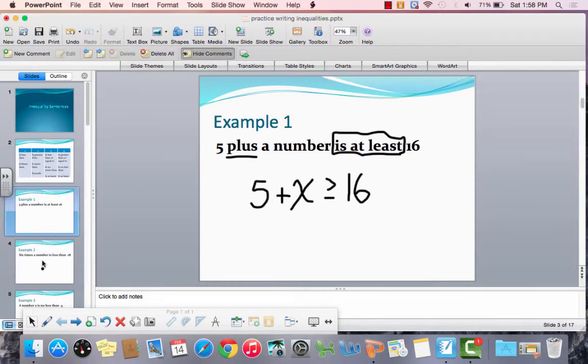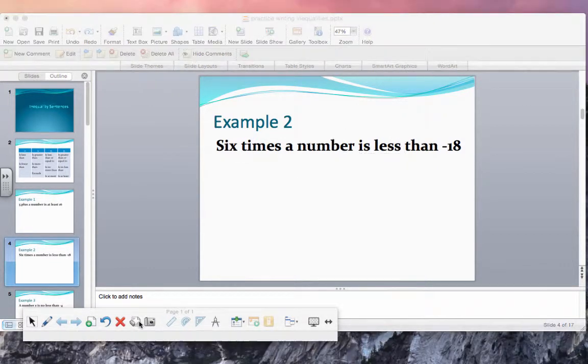So our next sentence, 6 times a number is less than negative 18. So again, I'm going to find that word is, because right next to is, I will find my keywords. So I have is less than, I'm going to put that in a box. And then reading through my sentence, I see the word times, and I know that that's my operation.